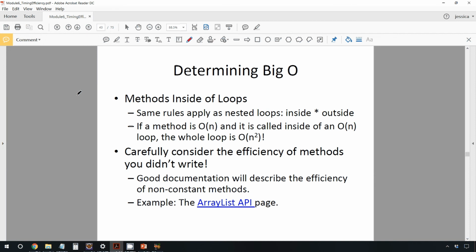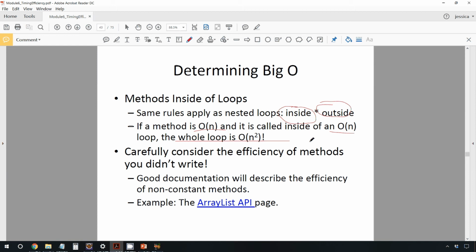Now, one thing you have to be careful about is methods inside of loops. So our same rules apply. If you have a loop and then you have a method inside of a loop, you want to think about the efficiency of that code inside, even if it's a call to a method, and multiply it by the outside. So for example, if you have a method that is order of n and you call it inside of a loop that runs order of n times, that whole loop is going to be O of n squared.